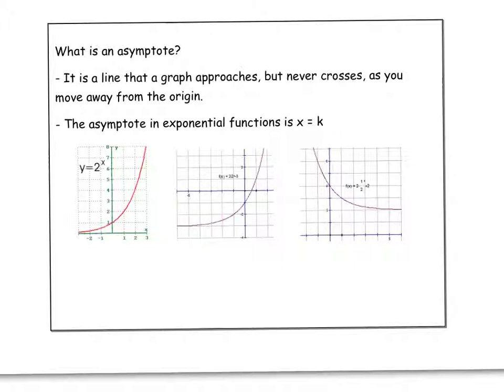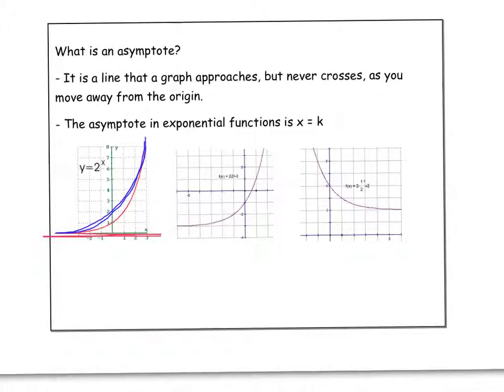So a little bit on asymptotes. I already said that it's a line that a graph approaches but never crosses. If I look at this first graph here, the asymptote is the x-axis. It's this line. Notice that the graph of y equals 2 to the x approaches it, but it is never going to cross it. It gets really, really close, but it doesn't cross.